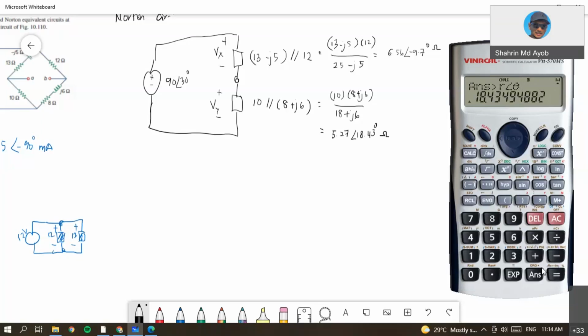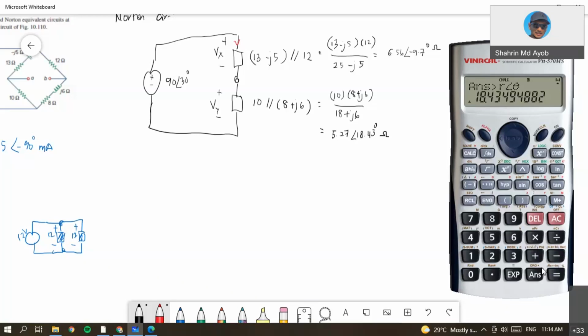Okay, so now you can obtain the value of the current. Should be the same, right? Because it is parallel.